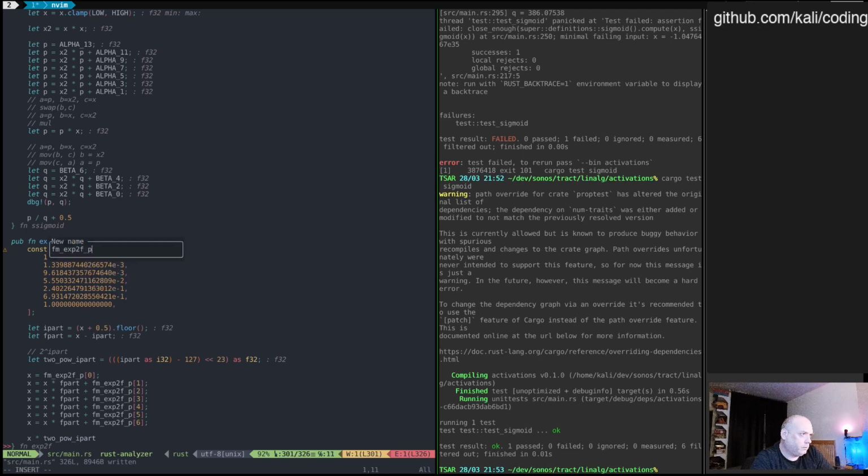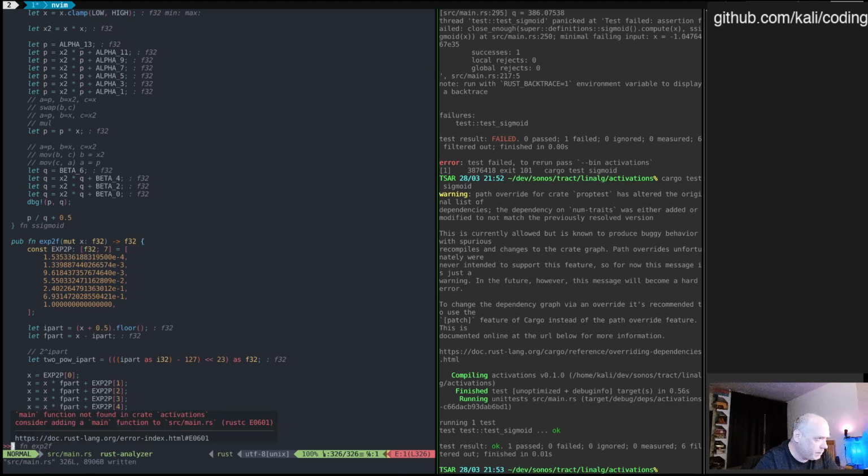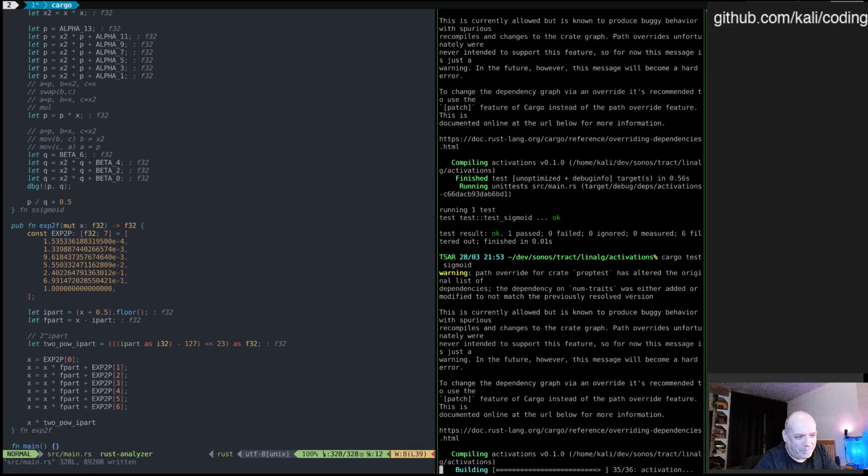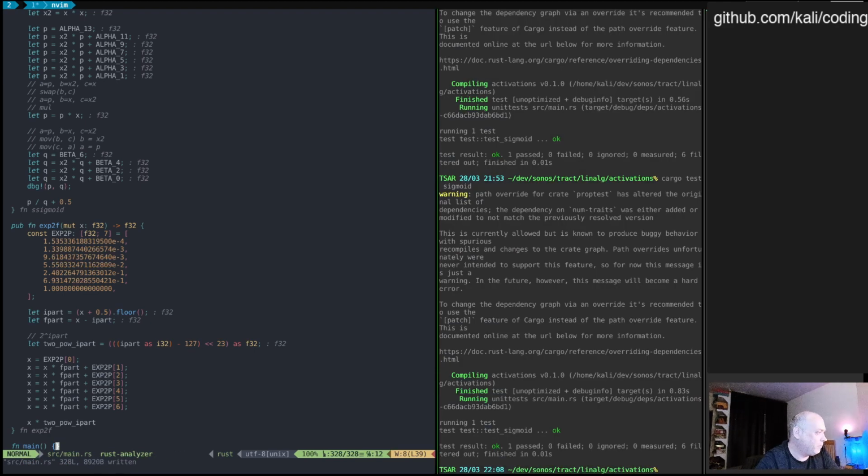So what is missing? What is missing? Main, main function. Yeah, of course. Okay. That's a bit dirty, but I'm bored with the error message.